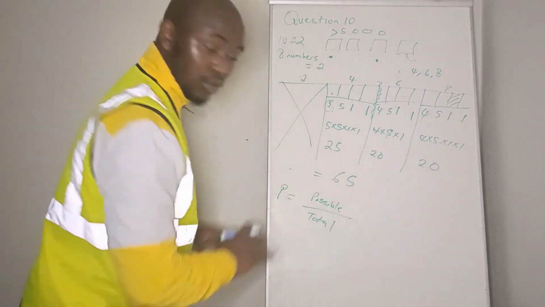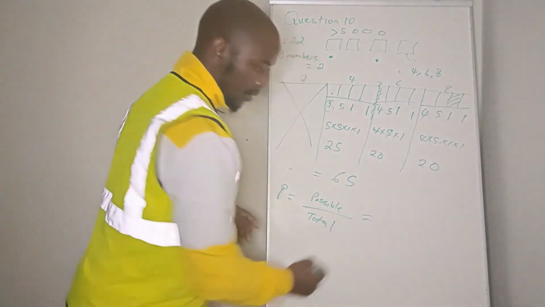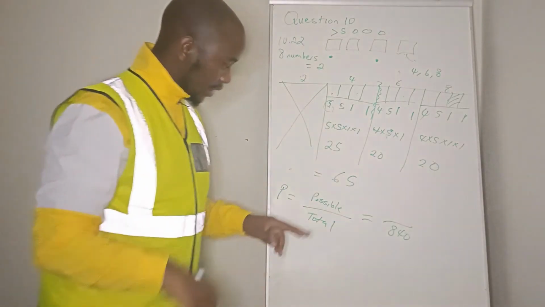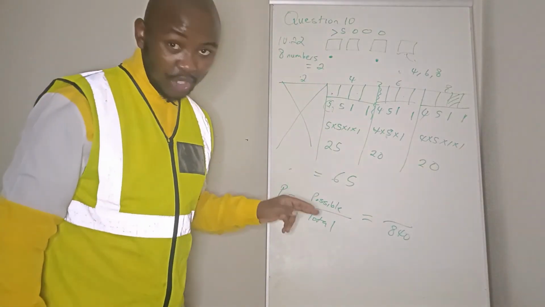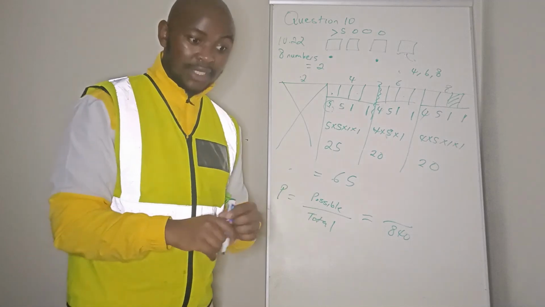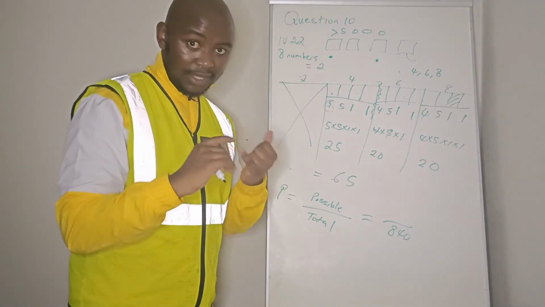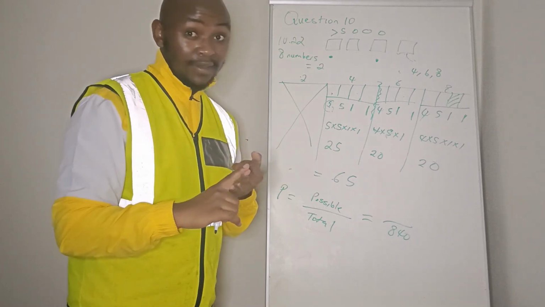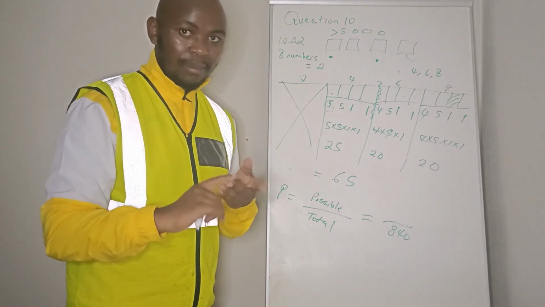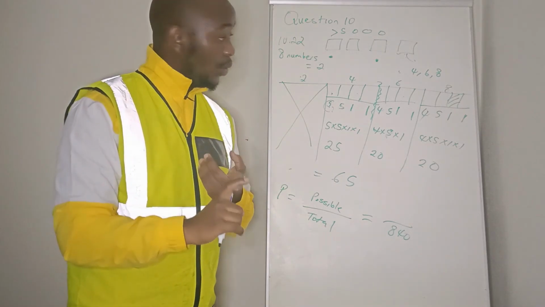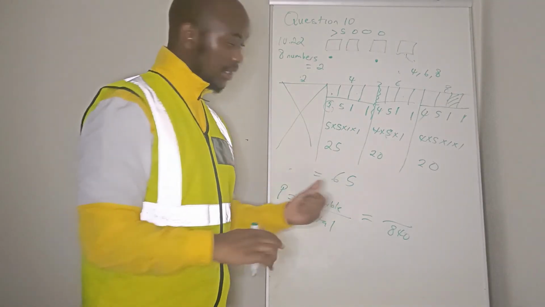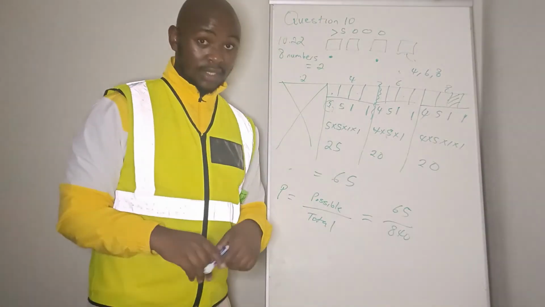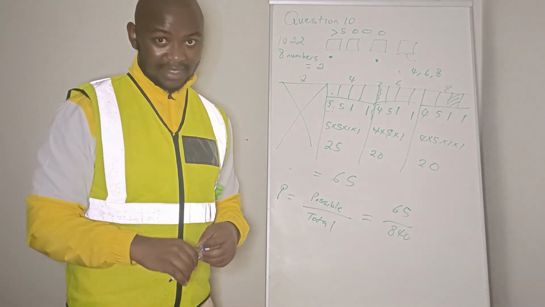So the total combinations is 840, as we have calculated previously. Now, what are the possible options that we have for this question? Options that we select something that is above 5,000. It's even, it doesn't repeat any number, doesn't contain a 0 or 1, which is exactly what we calculated here. So we have 65 over 840, and that is our answer.